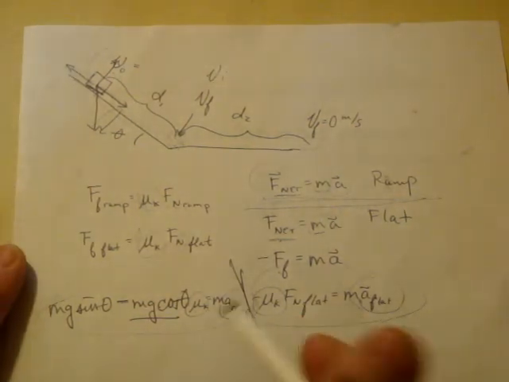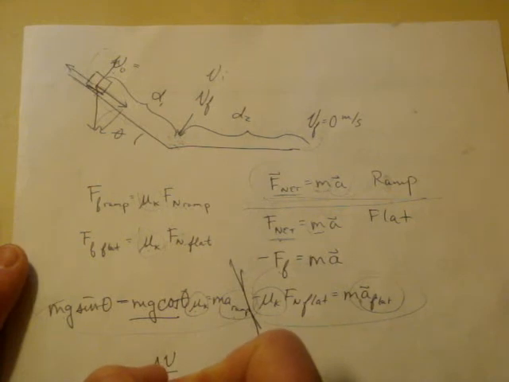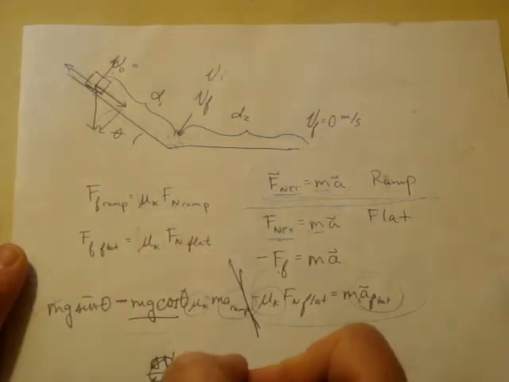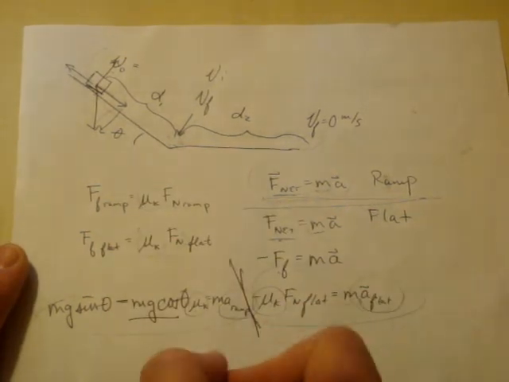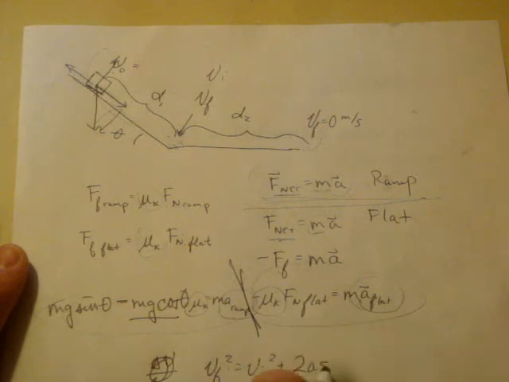So if we can write a kinematics expression that relates velocity to the distance that it travels, something like vf squared equals vi squared plus 2as, where s is the displacement.